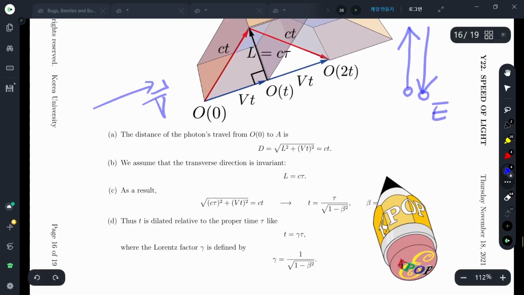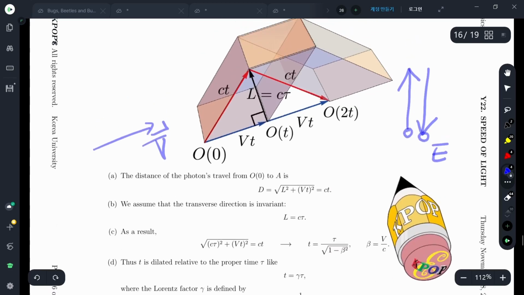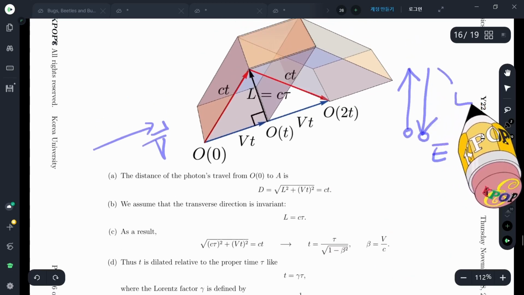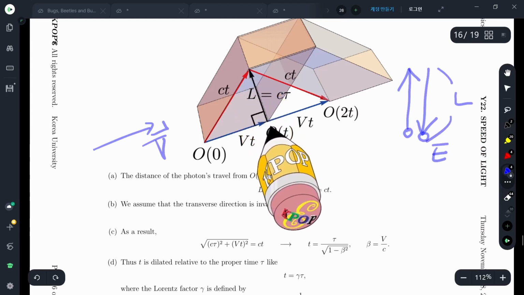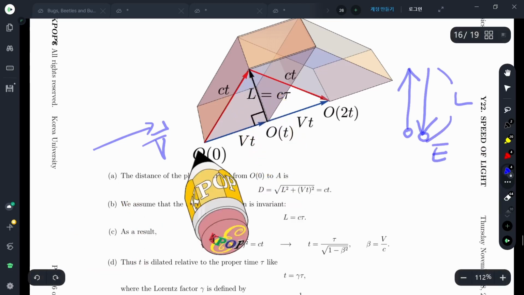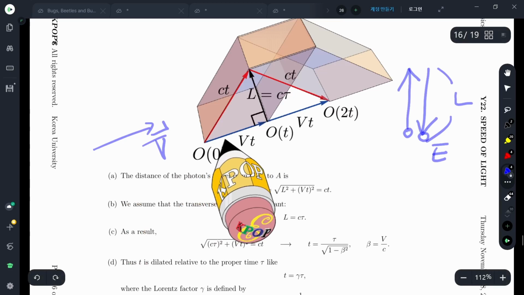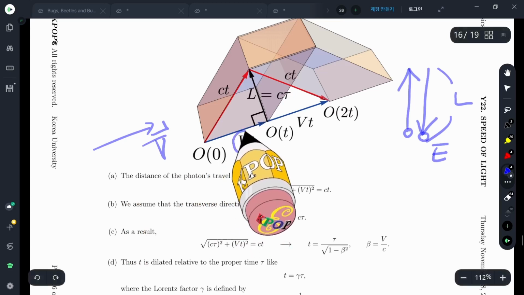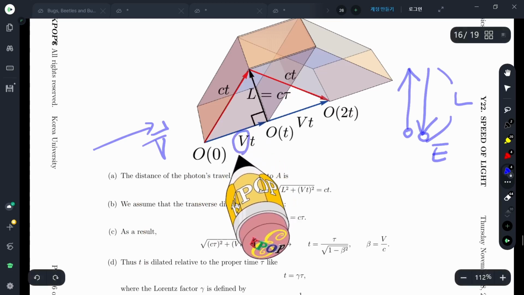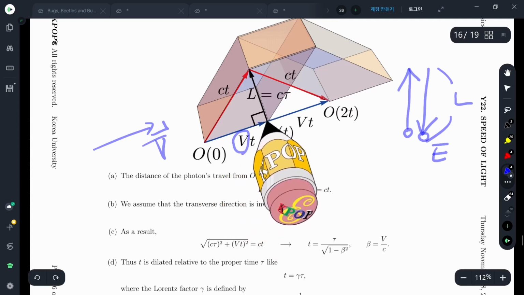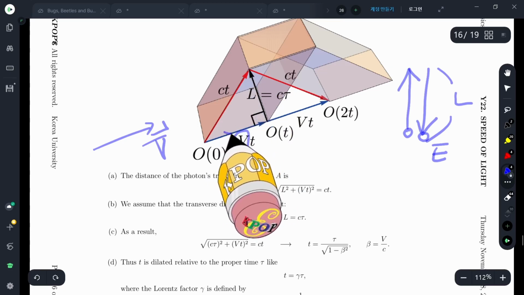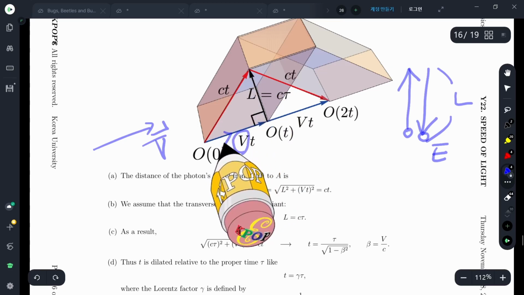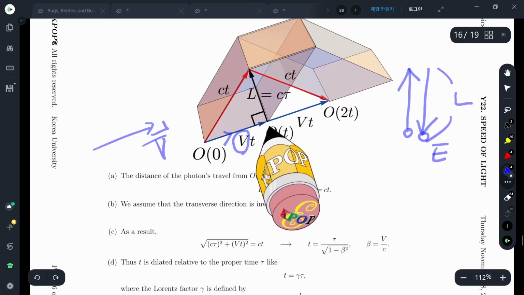So, in that case, the distance of travel is L and L. And in the frame where the Earth is moving with the relative velocity v, although the Earth is moving along this horizontal direction only, it also has the transverse direction.